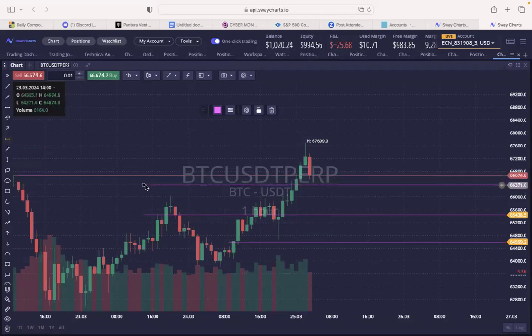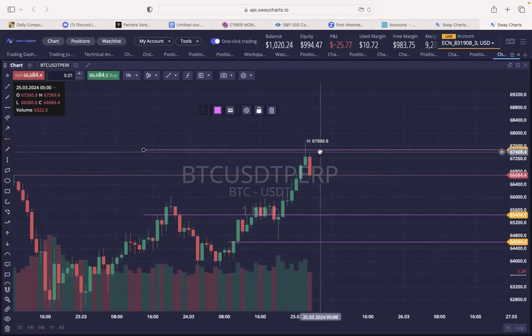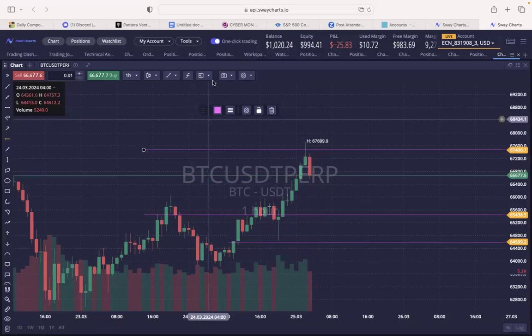So this will be one risk. This will be 2 risk. So if we were risking $50, we would have made $100 if we set our take profit around here. Even without using price action for the take profit, we would have made 2 times what we risked, just based on that strategy by itself.